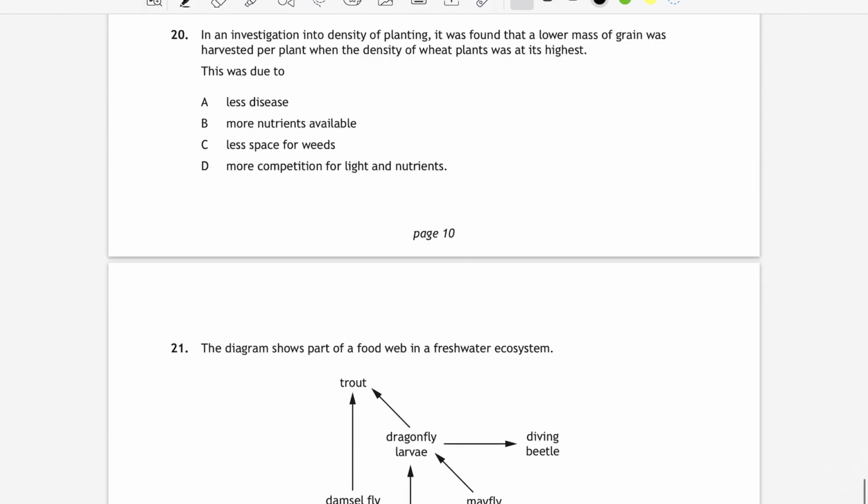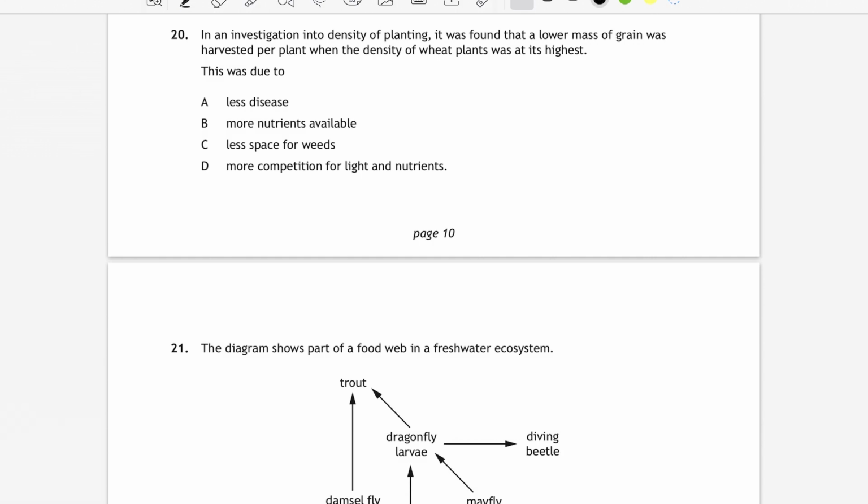Number 20. In an investigation into density of planting, it was found that the lower mass of grain was harvested per plant when the density of wheat plants was at its highest. This was due to A, B, C, or D. Have a little go, see how you get on. Okay, so this question has four possible answers.